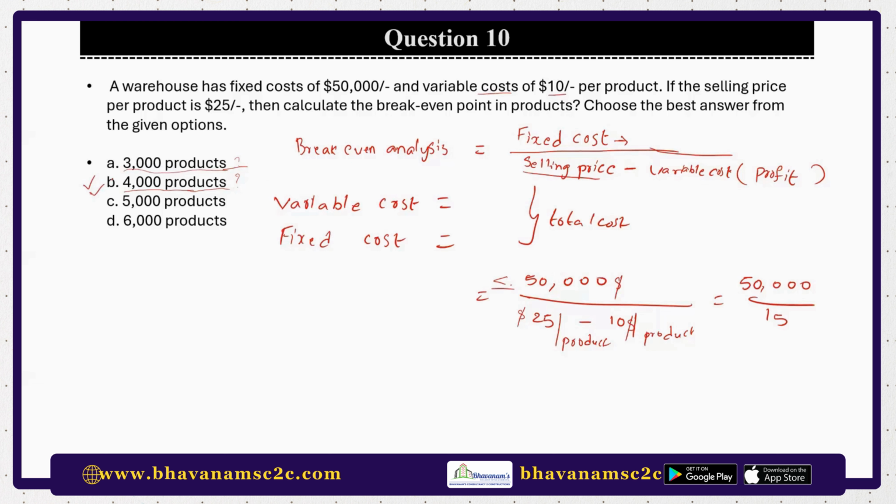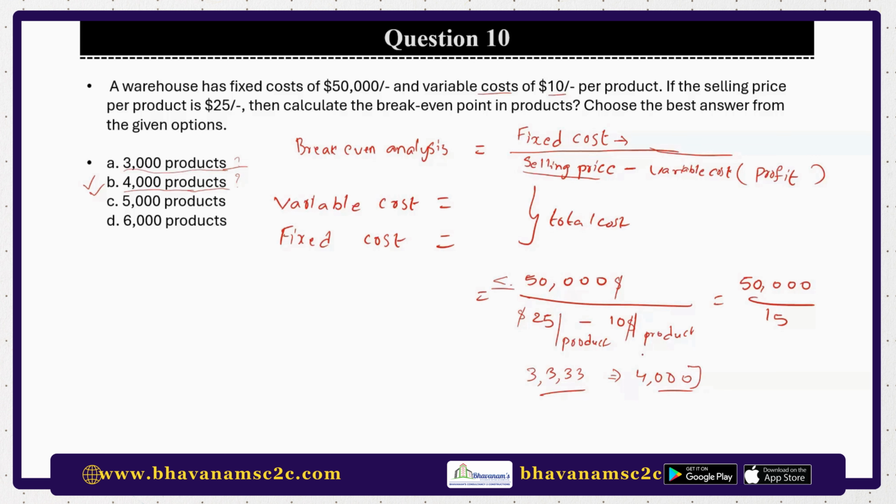Though you get the answer as 3,333, sometimes you may consider that 3,000 is nearer to it, but you have to choose the value decisively according to the question. You have to apply the concept of analyzation, break-even analysis. You have to analyze it and understand it so that it shouldn't be a loss to the manufacturer or to the owner.